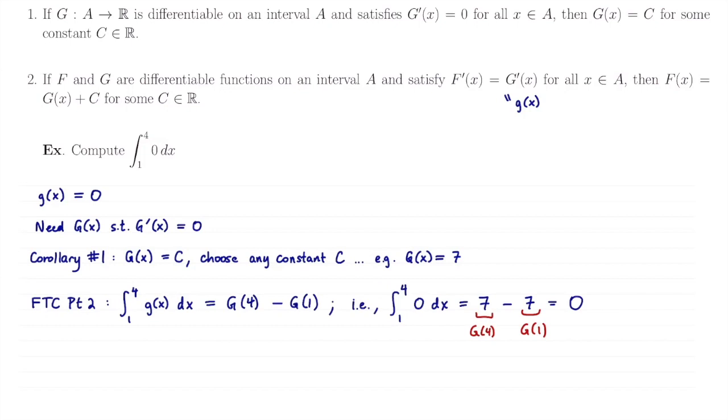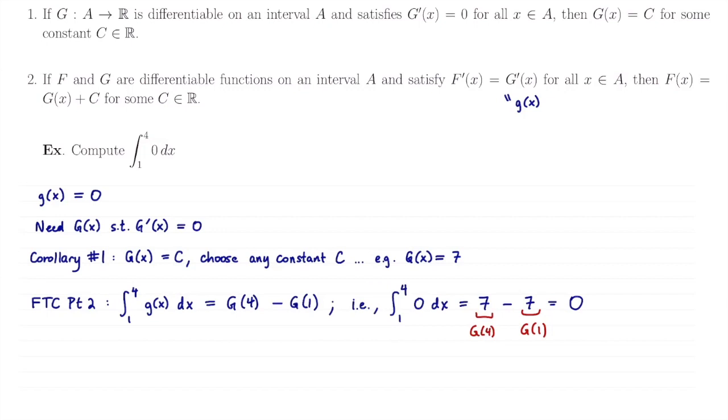So geometrically, we anticipated this result. Now you could have picked a different antiderivative. You could have had G of x equal to 10 or G of x equals negative 5 or something like that. You could pick any constant to be the antiderivative capital G of x. Regardless of the constant you pick though, when you did capital G of 4 minus capital G of 1, you would get 0.